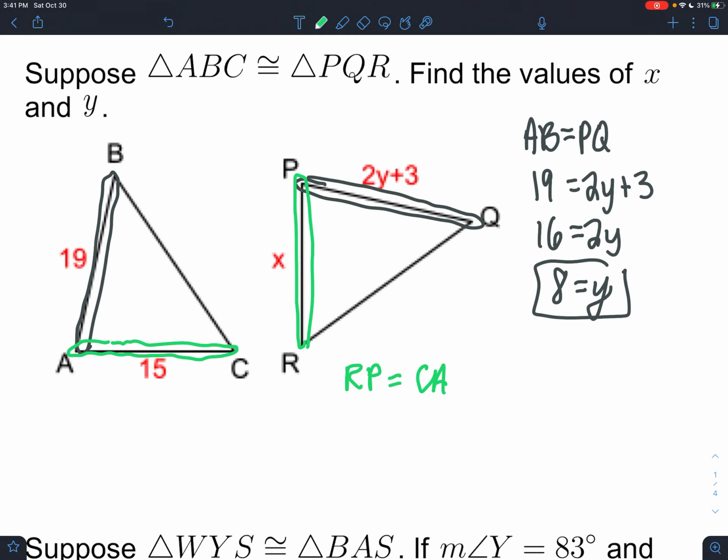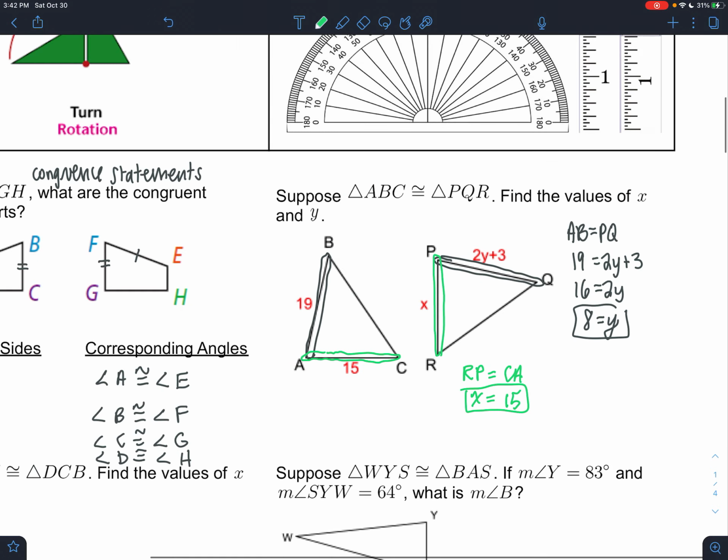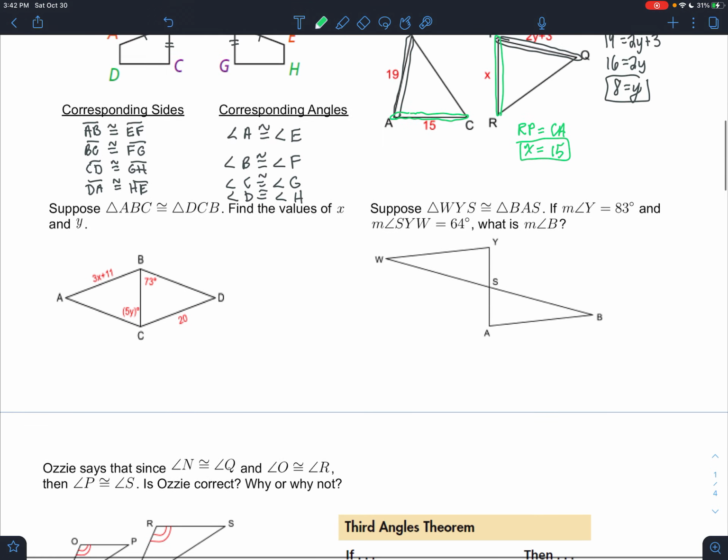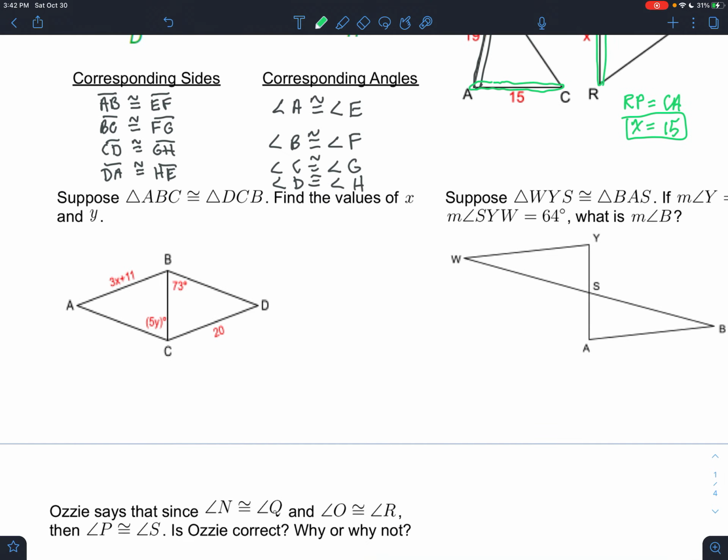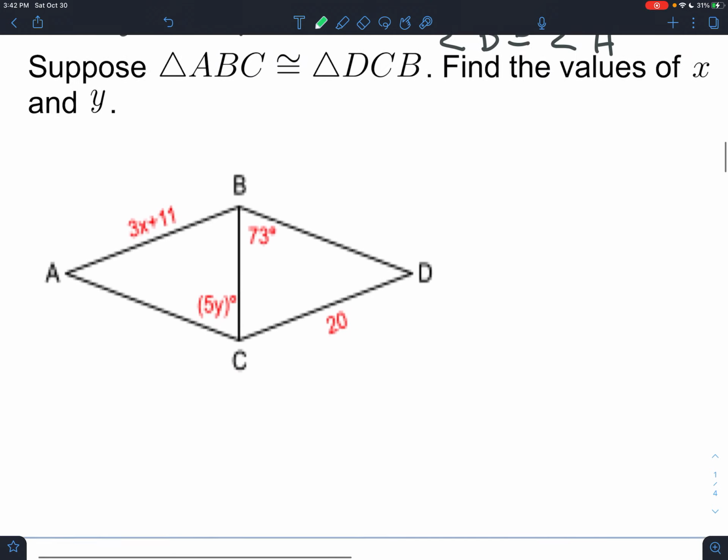So visually, that means this one's 15, and this one's x. There you go. Corresponding parts on congruent figures are equal in measure. So it's just a matching game with these types of problems. Here's another one.